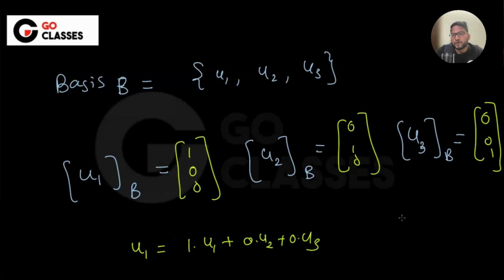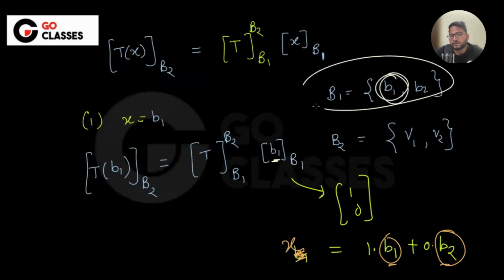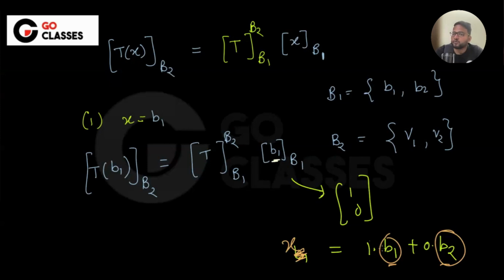So that is the reason that if you ask me interestingly what this value is, you will say this is the coordinates of b1 with respect to its own basis b1, right? Then what is this? This is nothing but 1, 0. This is always 1, 0.